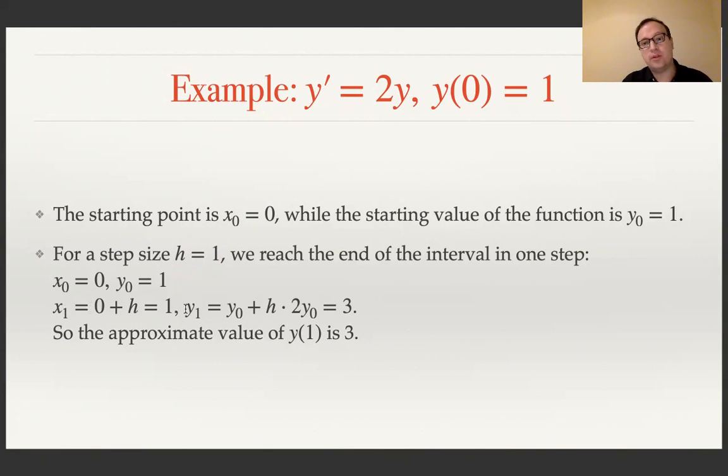And the approximate value at that point will be y0 plus the step size times 2y0. So since y0 is 1 and h is also 1, we get 3. So the approximate value of y of 1 is this y1 here, which is 3. The disadvantage is that the error is really bad. Because you use a step size that is too large, the error is really bad.